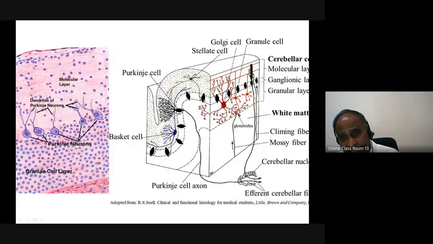It has connections with the granular cell layer, and also the other cell layers. And with the granular cell layer, it makes a contact known as a glomerulus. Glomerulus means a cluster of synaptic contacts between the Golgi cell and the granular cell.